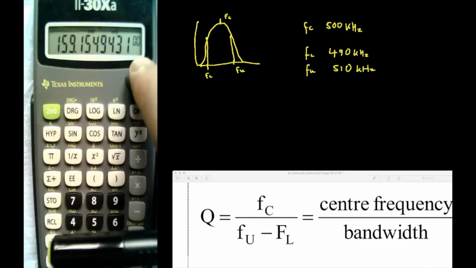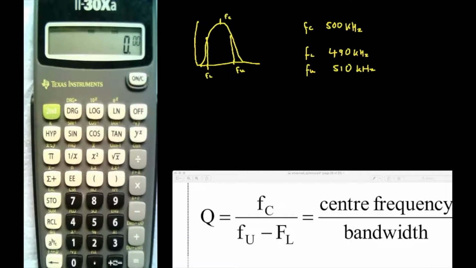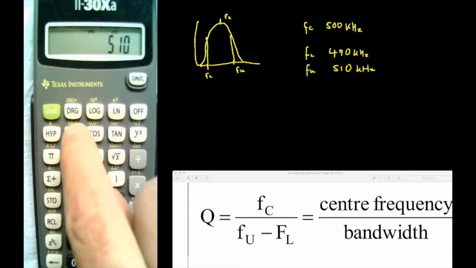So let's put that into the calculator. The upper frequency is 510 kilohertz. And for this one, you don't have to worry about it being in kilohertz, because everything's in kilohertz, and it doesn't really affect it whether you stay in kilohertz or not. But let's do it in engineering notation.